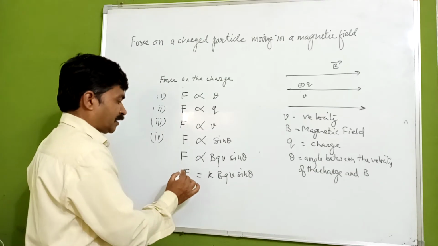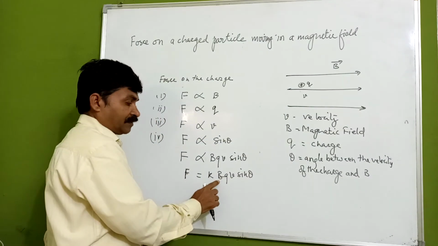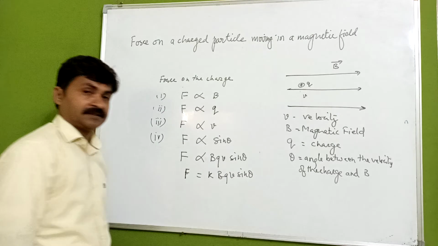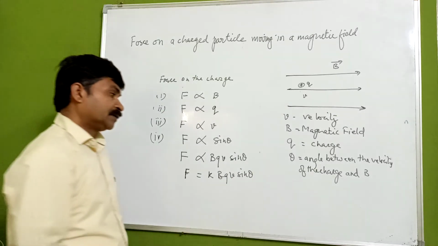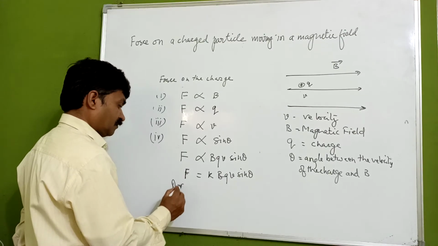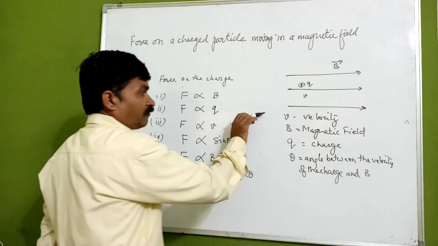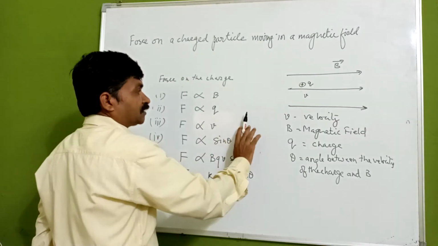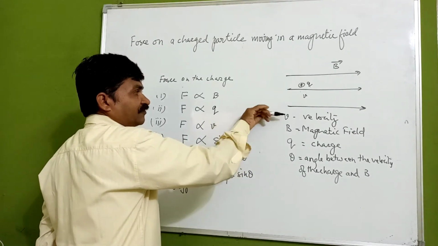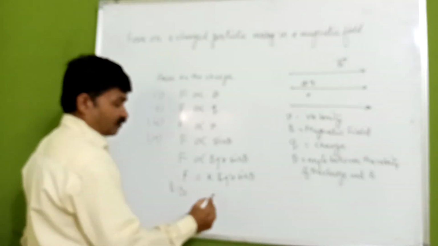So the force which is exerted on the charge will be given by BQV sine theta. Now if theta is equal to 90 degrees, the velocity component in this direction and the magnetic field in this direction will exert a maximum force.